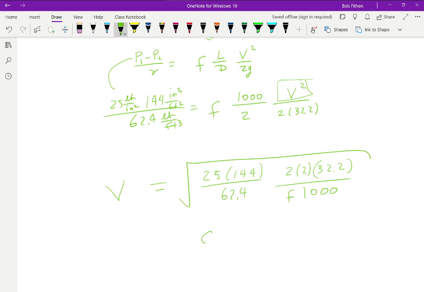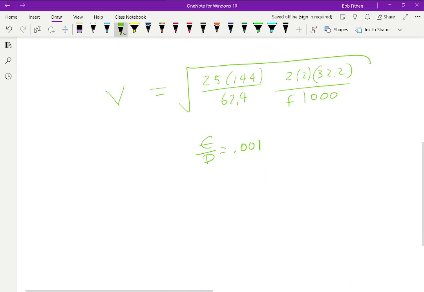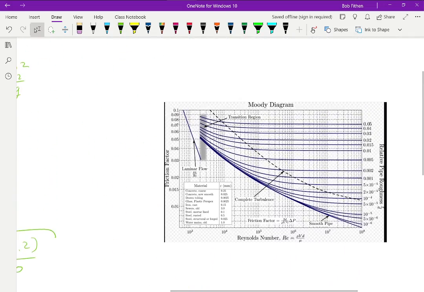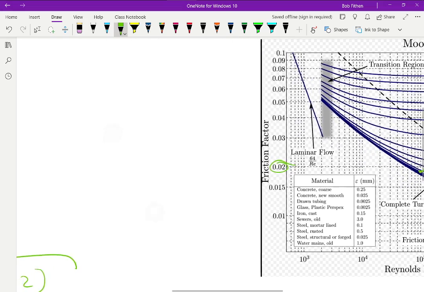Now, if you start with E over D of 0.001, which is what was given in this particular problem, you realize 0.001 is right here. So for a Reynolds number of here to here, and even above, if I come up here, cross the line, and move to the left, I move to the left every time, and I get a 0.01.